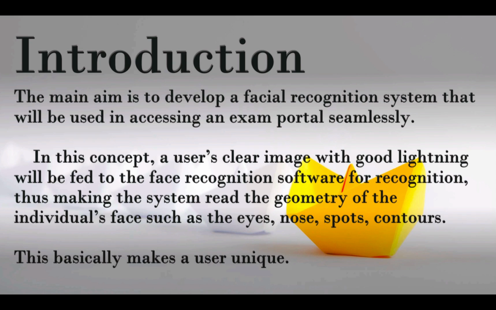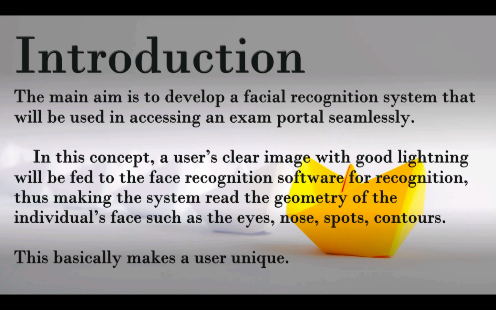The user would feed the system with this picture, and the system puts this picture in the database, which will be used for access when next the user wants to access this platform.